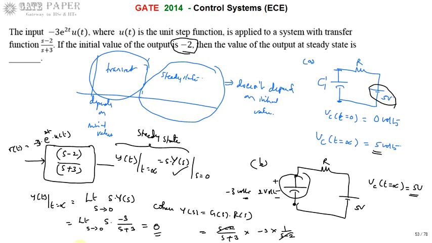The value of the output at steady state is 0. The right answer for this question is 0. But the one thing you should remember is that the steady state value doesn't depend on the value initially present at the output. It totally depends on the input you applied. Okay, thank you.